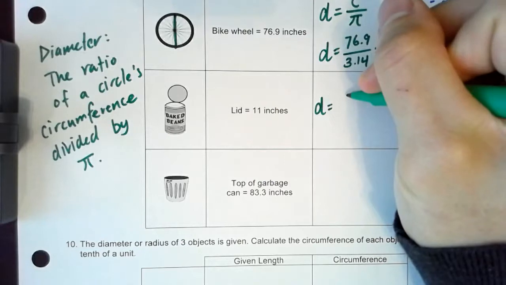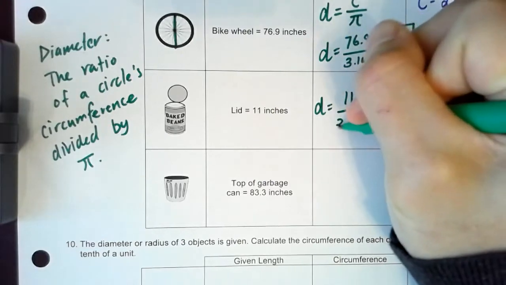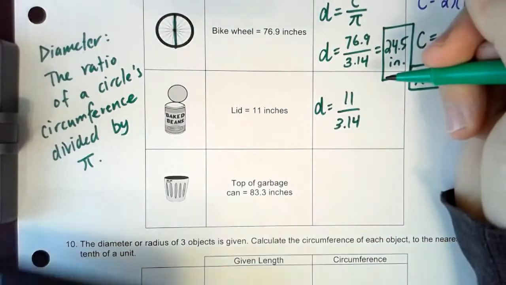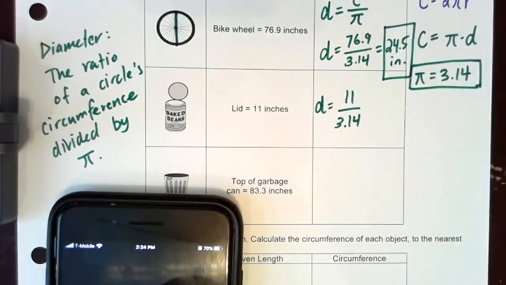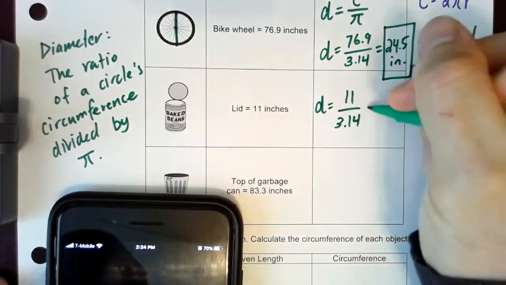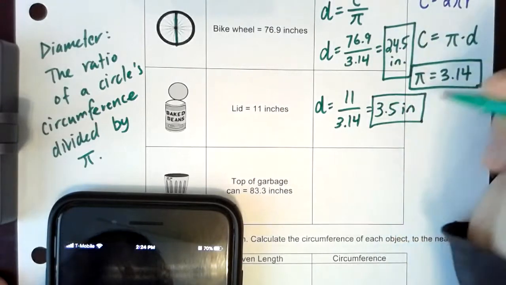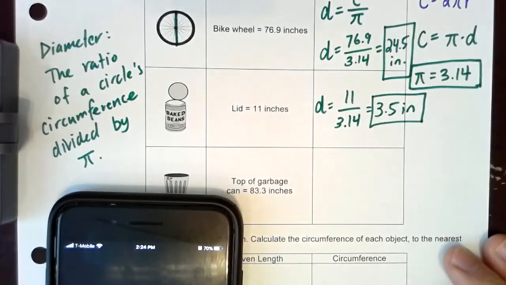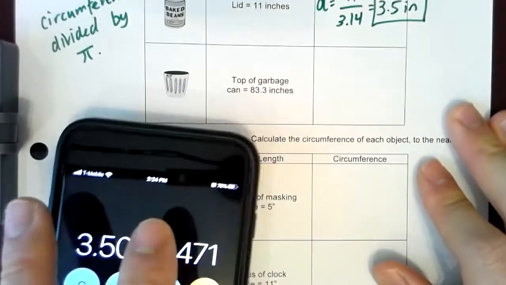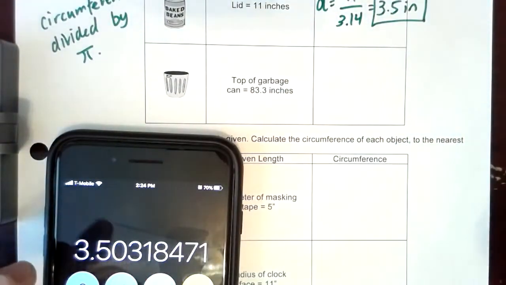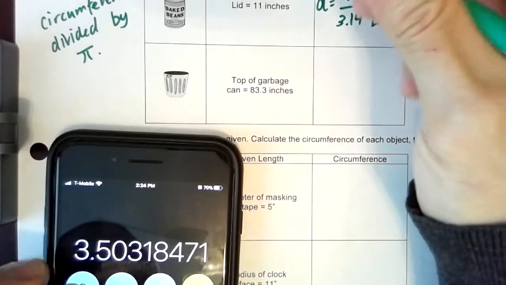So let's move a little faster. Here we have 11. We're going to divide it by pi, and we get 3.5 inches. As usual, class, the more you do this, the easier it becomes. You'll start to get used to it, and you realize something like this, the top of a garbage can is 83.3 inches.